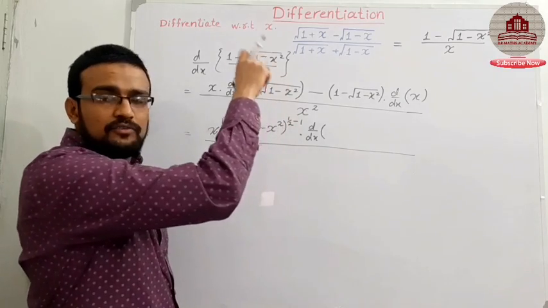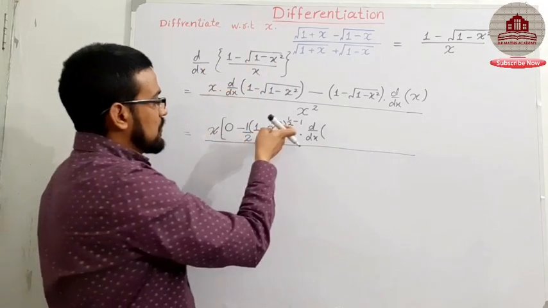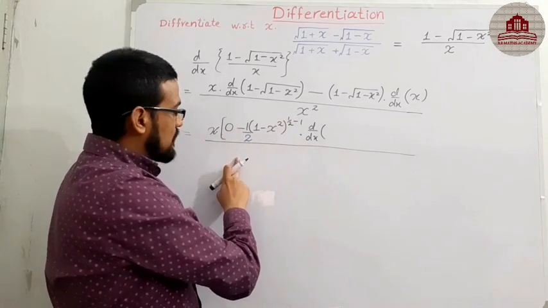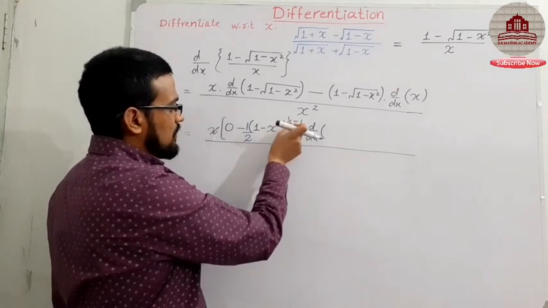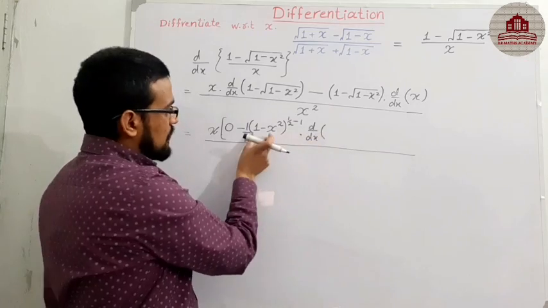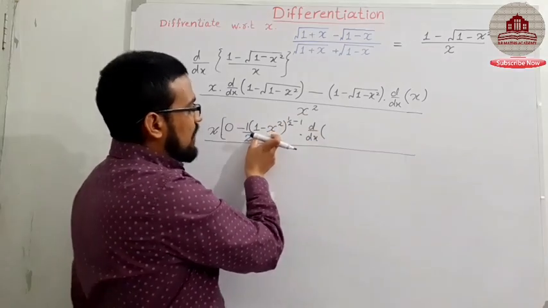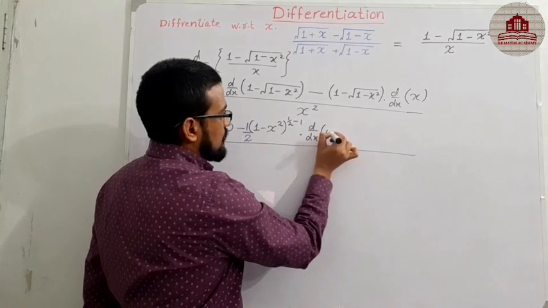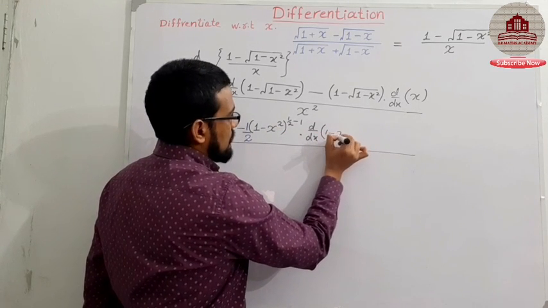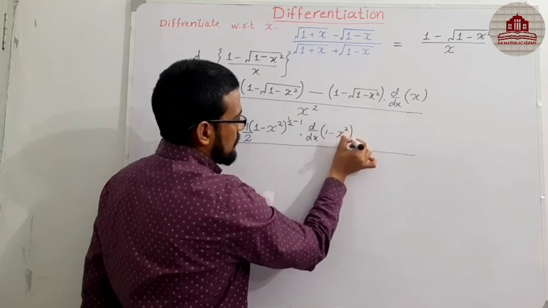Square root power, square root means 1 by 2. 1 by 2 becomes a multiple, and 1 by 2 minus 1, and then apply inside the derivative of this function.